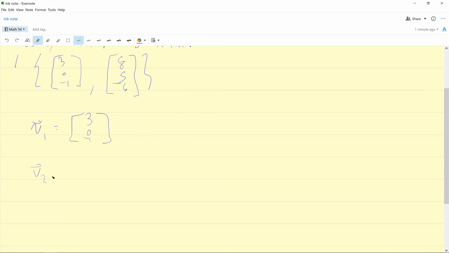Oh yeah, I meant v2 is equal to the second vector, 8, 5, negative 6, and then minus the dot product of x2 and v1 over the dot product of v1 and v1, and then that whole thing times v1. Will everyone agree with this?